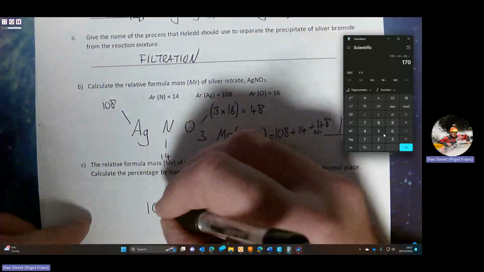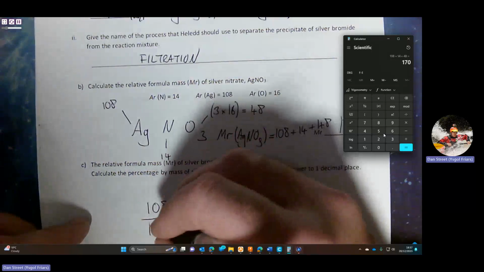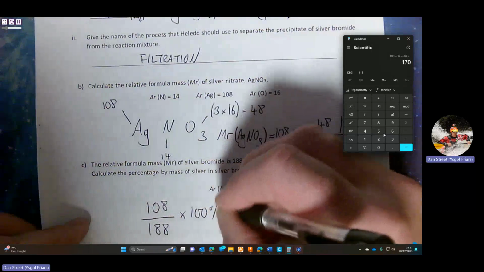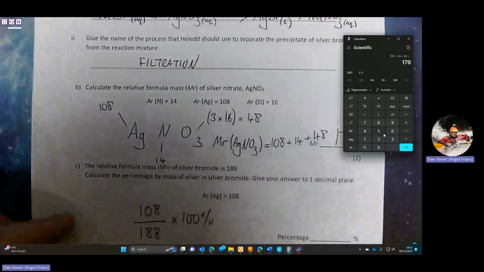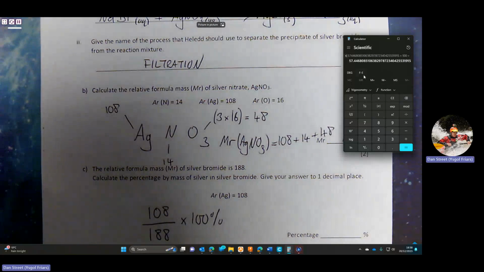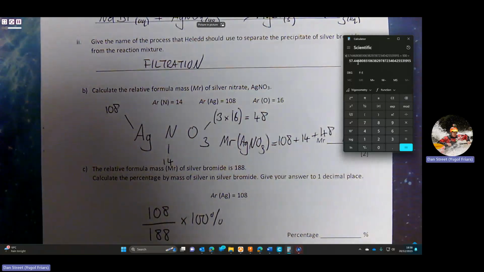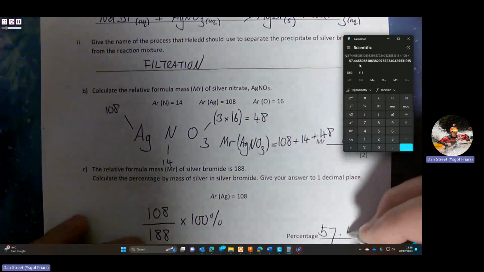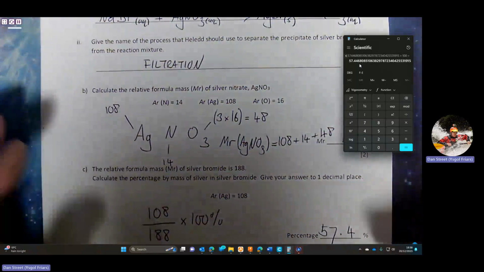So that would be 108, which is the mass of silver, divided by 188 times 100%. If we put that into the calculator, we've got 108 divided by 188 equals that, and then times 100. And then remember that it says to 1 decimal place, so that would be 57.4%.